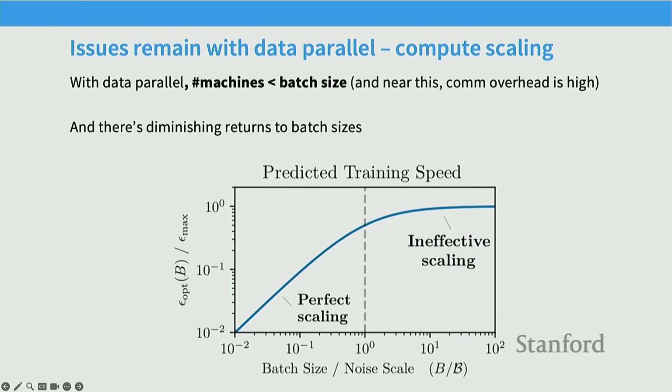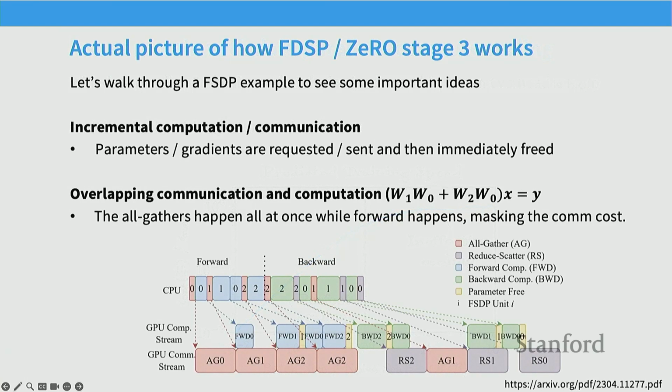Oh, sorry, there's a question. Yes. I'm a little unclear as to where the difference is, once you shard the parameters, between that and model parallelism? Yeah. So model parallelism is fundamentally about making sure that the parameters live in separate machines. So they will never be communicated across the... Yeah.